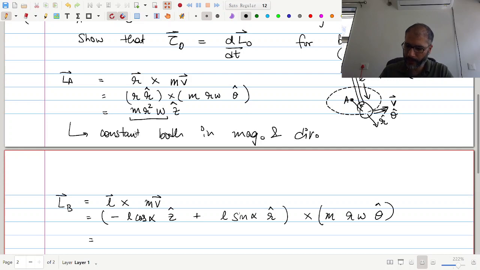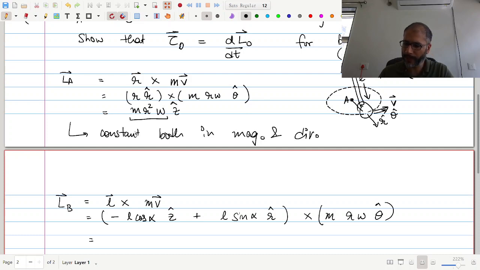So you can see that using these polar coordinates can make our lives quite easy, that we don't have to imagine the directions and do cross products. We can simply use analytical expressions. So the first part is the vector z hat cross theta hat.